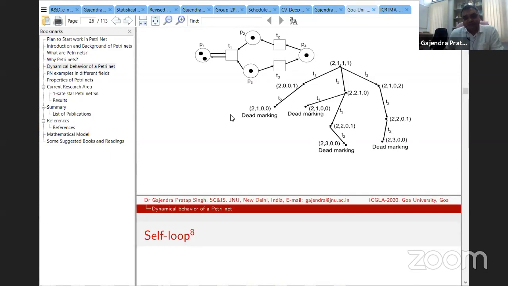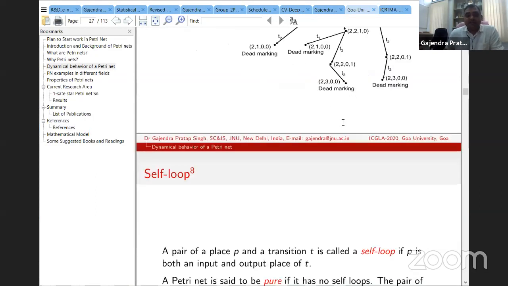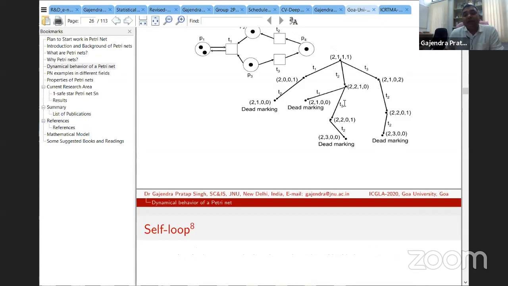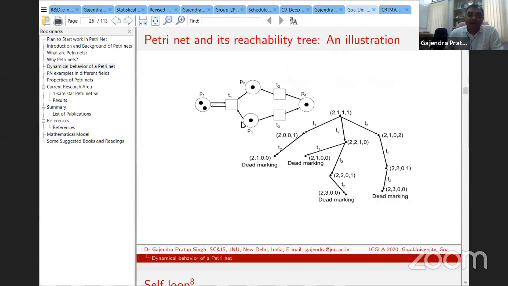This representation of the entire phenomenon is called a reachability tree, where nodes are labeled as the markings and the edges are directed. Sometimes cycles are also there, and then it is called a coverability graph or reachability graph. But here there are no cycles, so it is called the reachability tree of this Petri net.